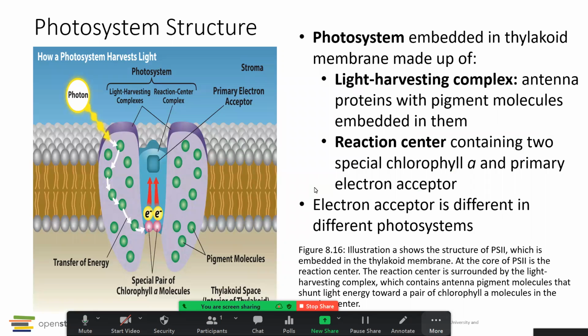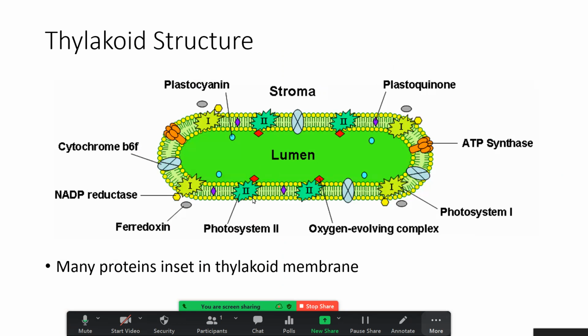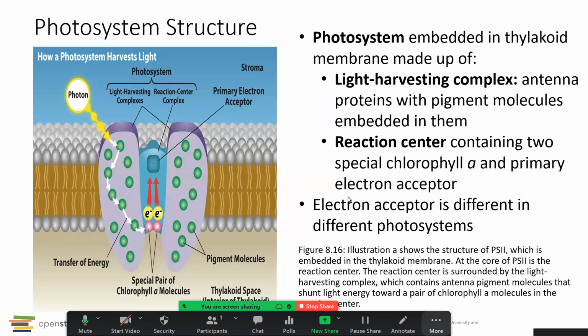Now, within the thylakoid, these photosystems are really big protein complexes. They sit within the membrane here. You can see that phospholipid bilayer there. And the photosystem itself has two parts. The outer part is a light harvesting complex, and this has the actual pigment molecules embedded in it.